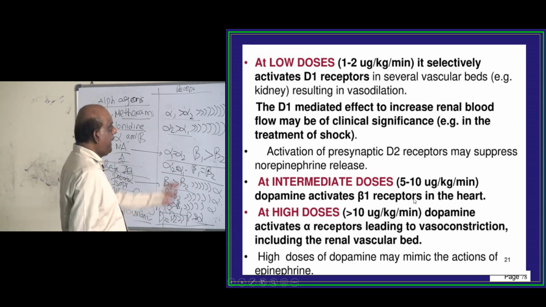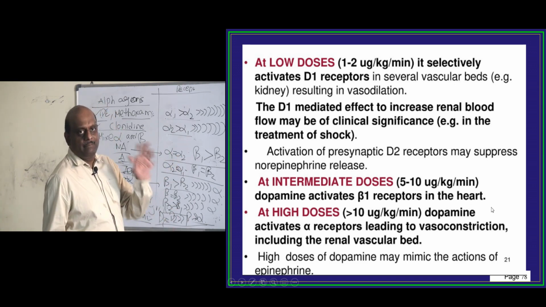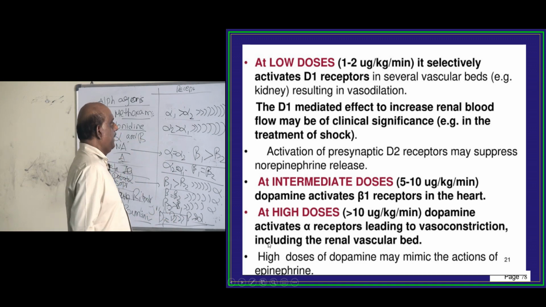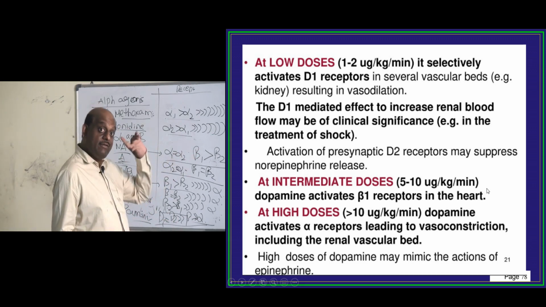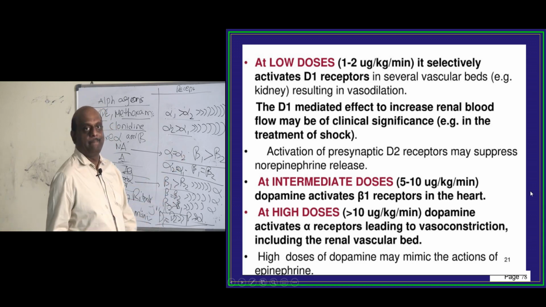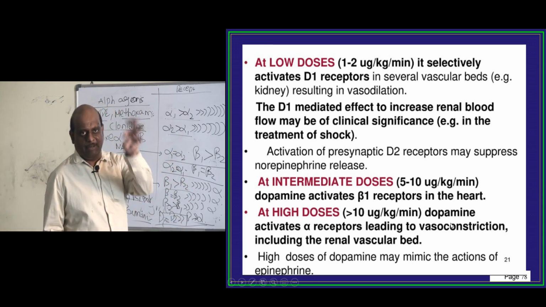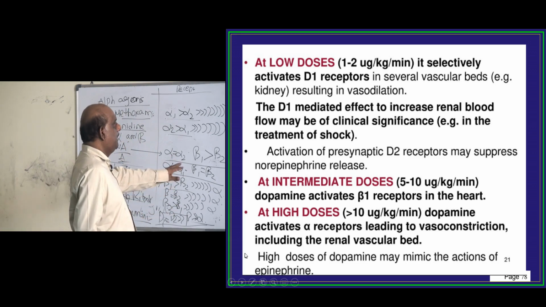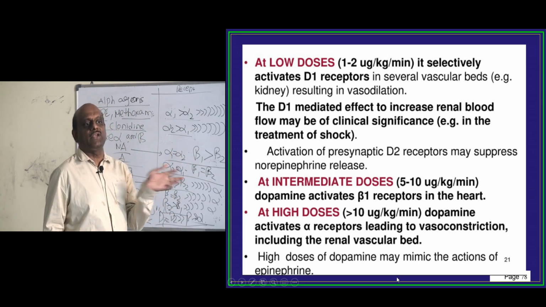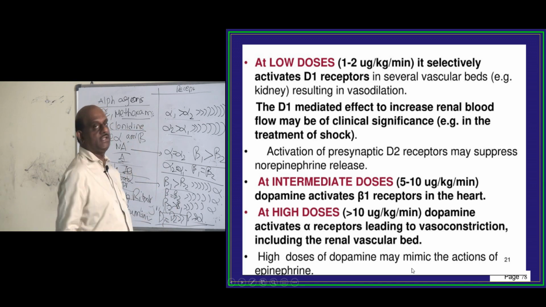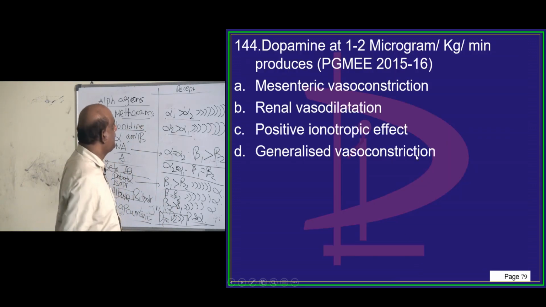Then intermediate dose means 5 to 10 microgram per kg per minute. It activates beta 1 receptors in the heart. But at high doses, meaning more than 10 microgram per kg per minute, dopamine activates even alpha receptors and leads to intense vasoconstriction, which is what you have to remember.